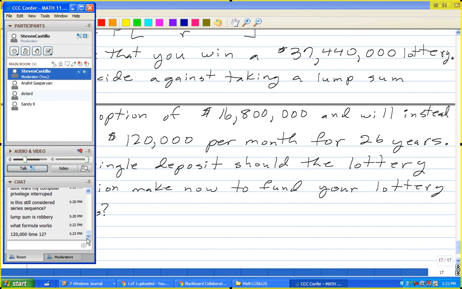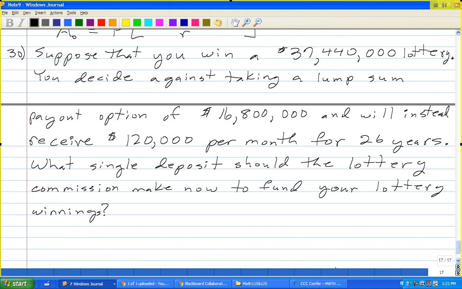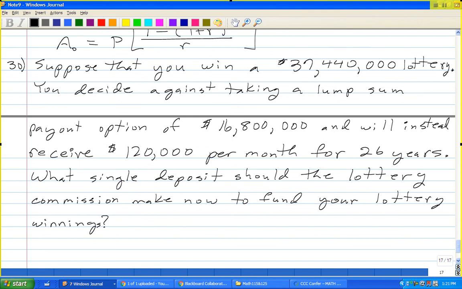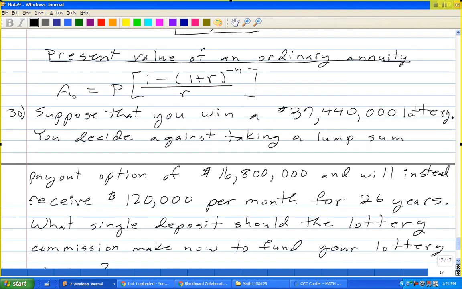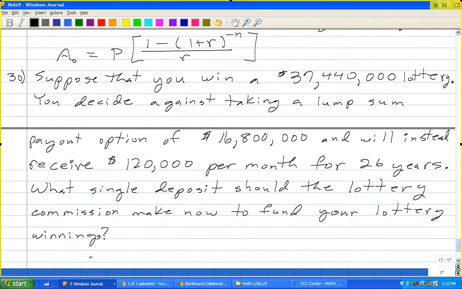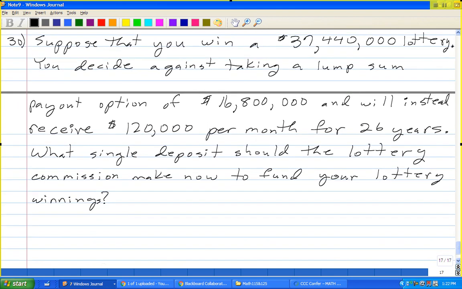Obviously it's this formula here. I'm asking you for the present value of an ordinary annuity.